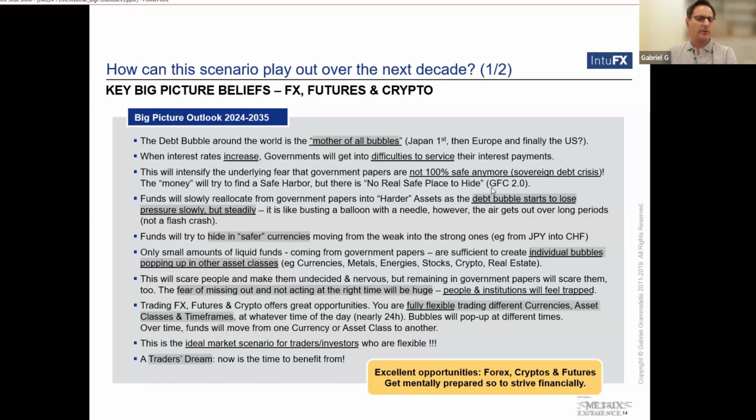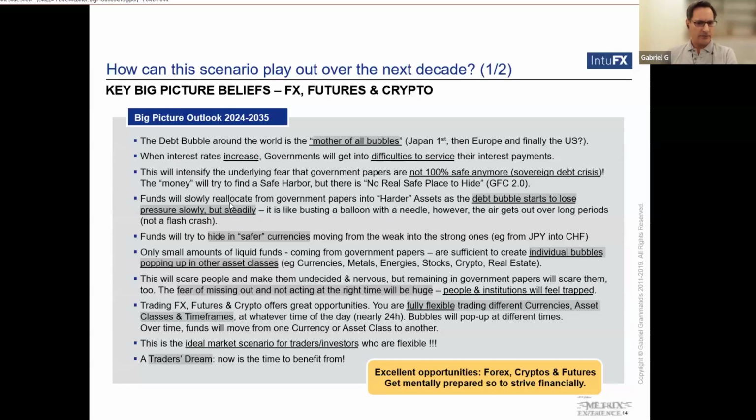And that could trigger something like a Great Financial Crisis 2.0. Just this time, it doesn't start with an investment bank going bust, right? It might start with a government going bust and everybody getting nervous, and then it spreads, right?